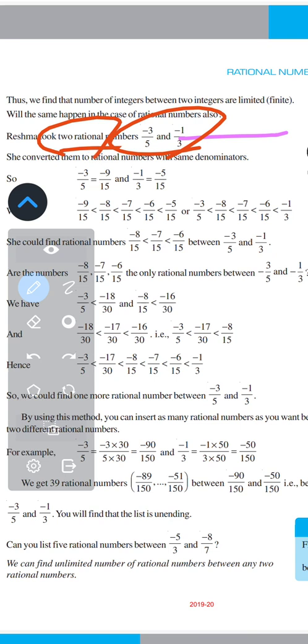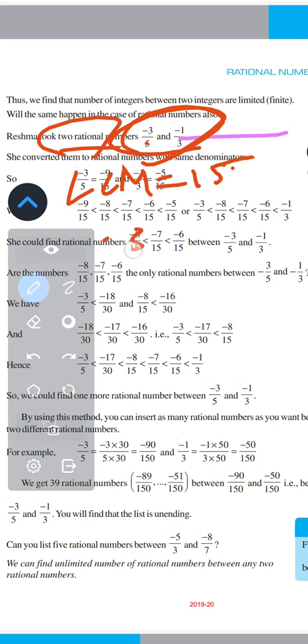So what we need to do first is make them like fractions with the same denominator. For that we need to take the LCM. The LCM of 5 and 3 is 15. Now I need to convert the 5 to 15 and also the 3 to 15.